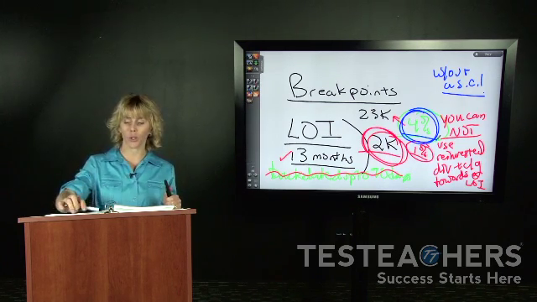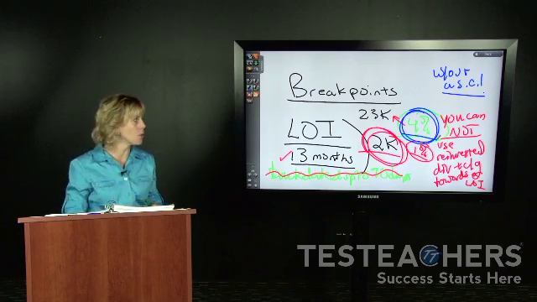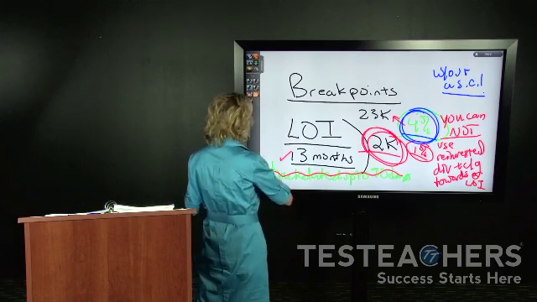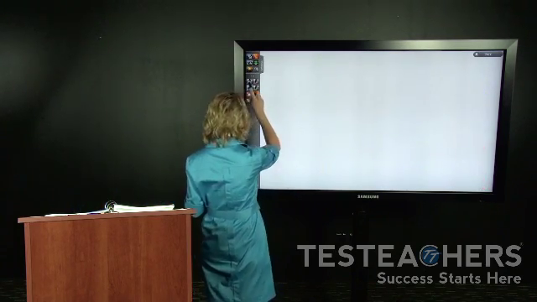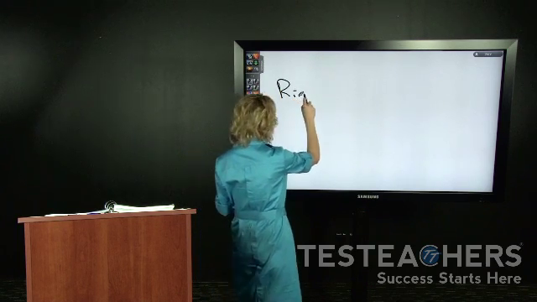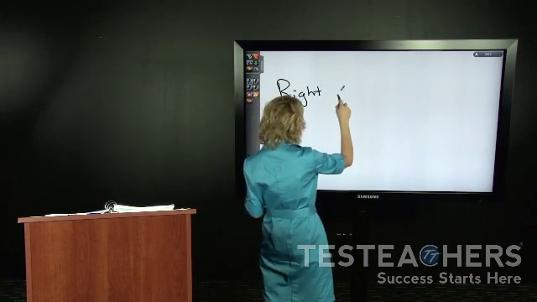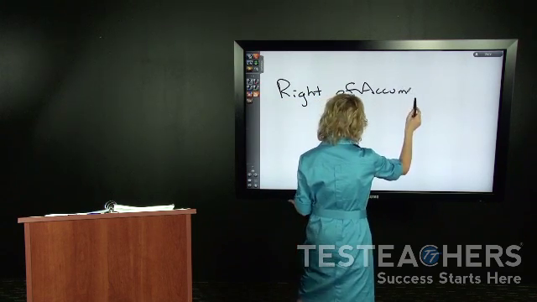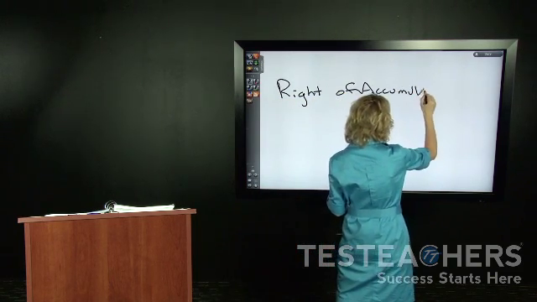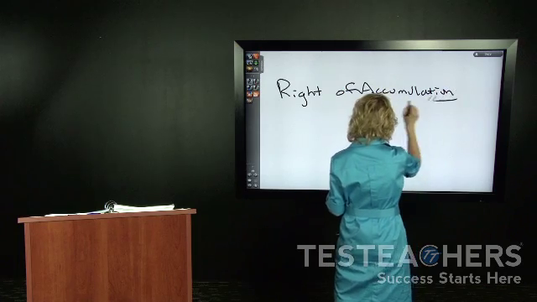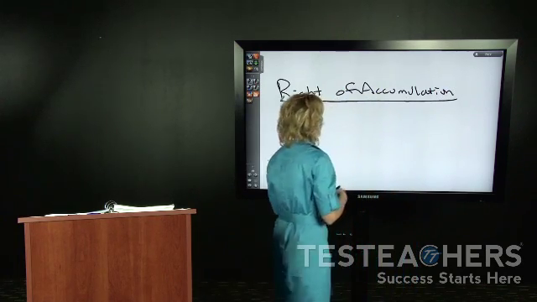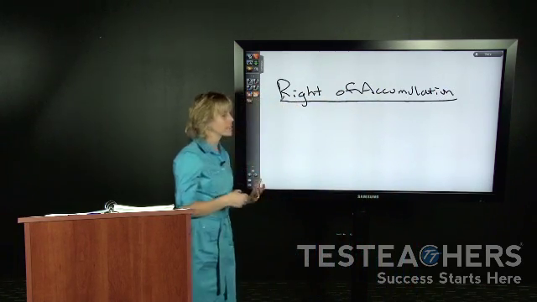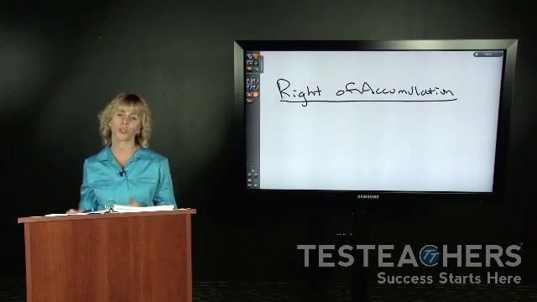The right of accumulation. So not everybody is able to put in big chunks of money all at once, but after a period of time, right of accumulation. So just like before, where breakpoints are available to any one person, as defined within the prospectus, this would be true as well.